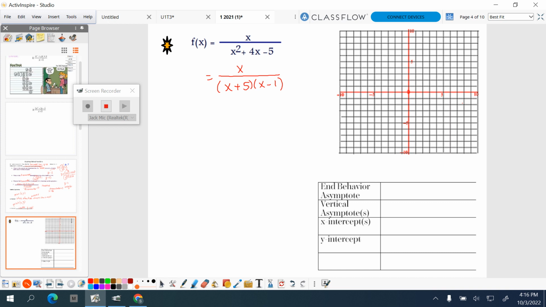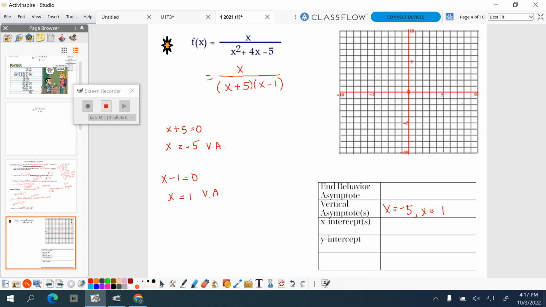We actually have two factors in the bottom. None of them cancel out, so I'm going to set them equal to 0. x plus 5 equals 0 and x minus 1 equals 0. Here I get x equals negative 5 and x equals 1. So I have vertical asymptotes at x equals negative 5 and x equals 1.